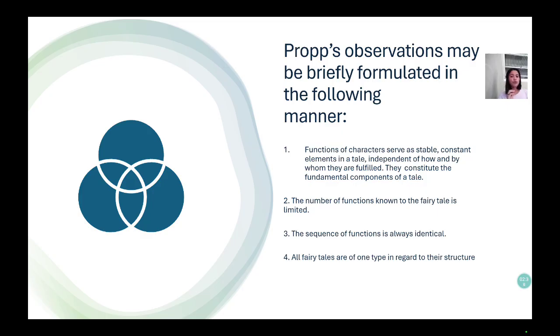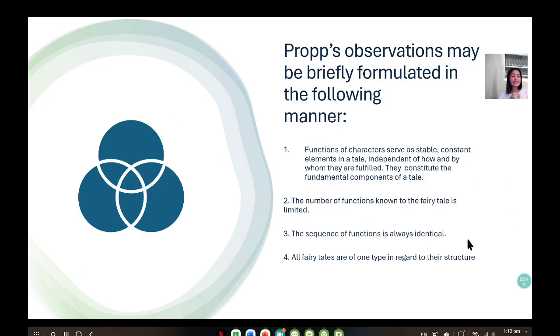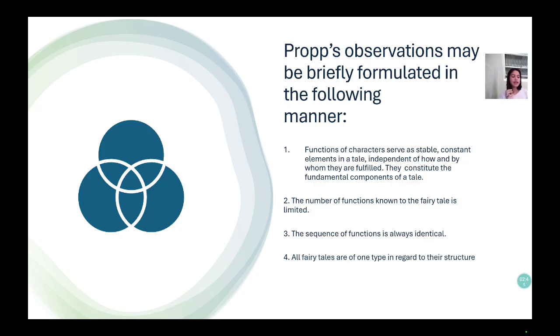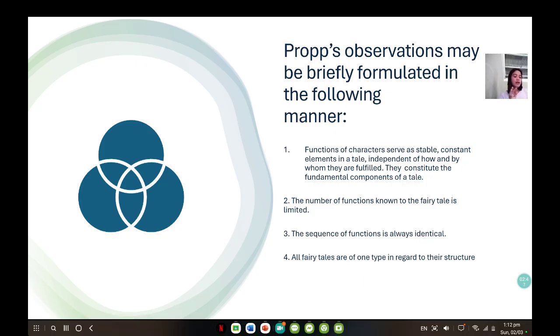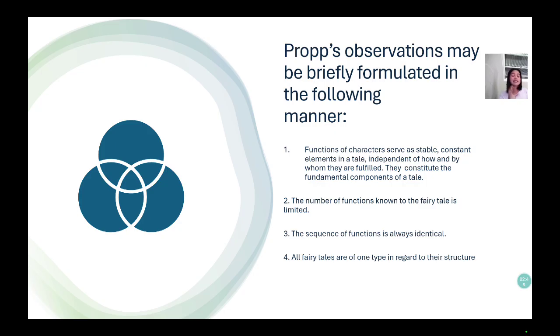Second, the number of functions known to the fairy tale is limited. He determined that the number of functions is limited. Specifically, Propp identified 31 distinct functions across various tales, such as absentation, violation, interdictions, and many more.